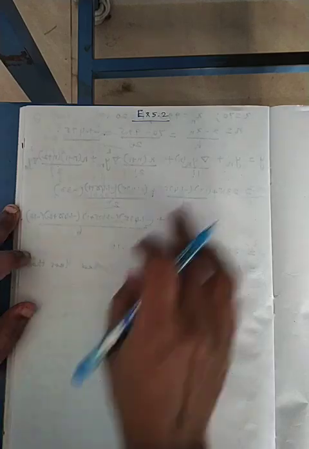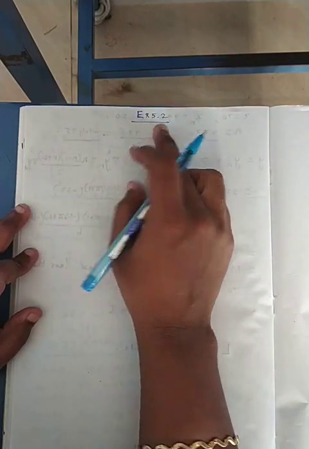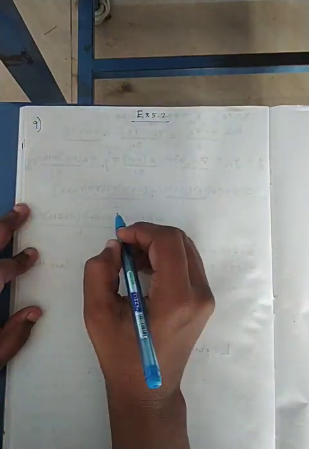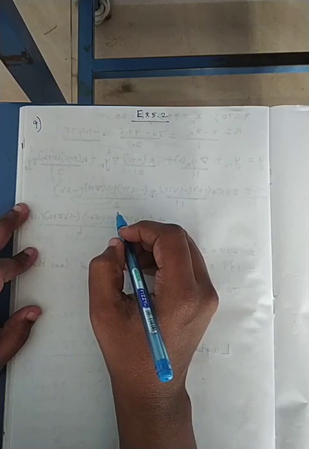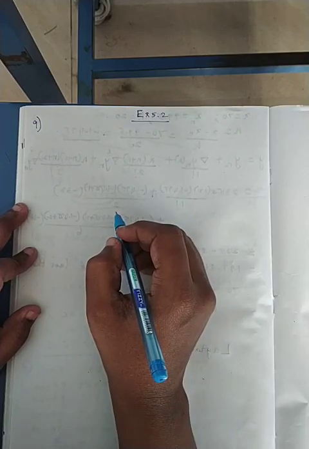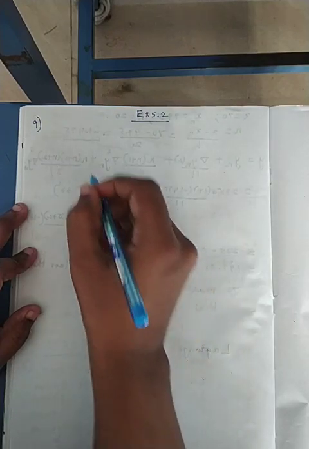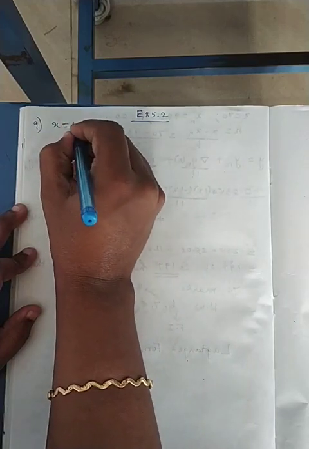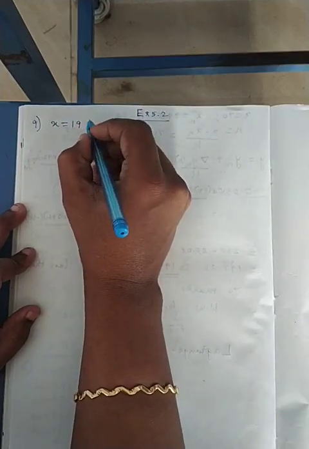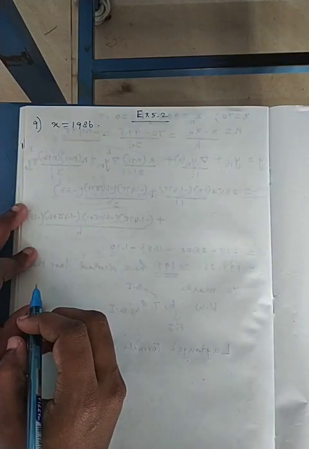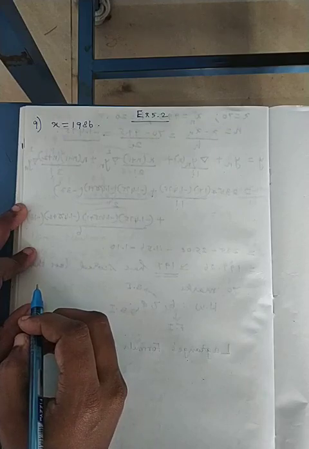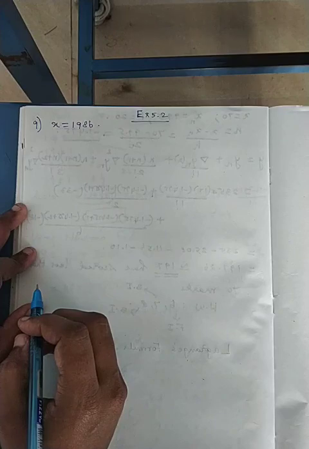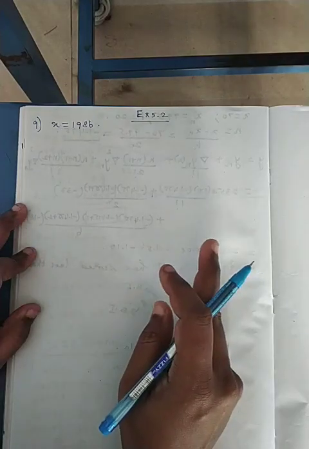Okay, now we are going to see in exercise 5.2 our ninth problem. They are saying, using interpolation, estimate the output of the factory where my x is equal to 1986. When I read the table, I can understand it is equally distributed, but at the same time I am not having the value between 1982 and 1990.